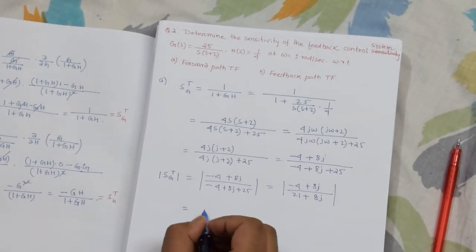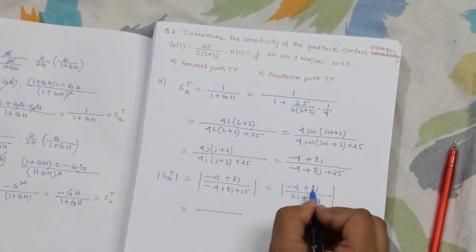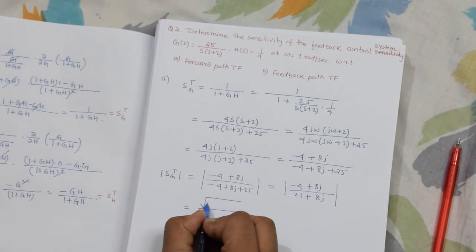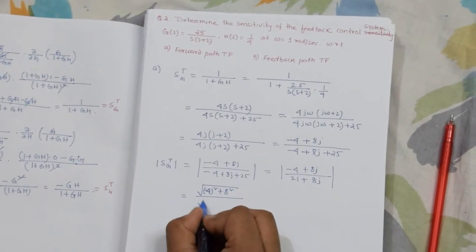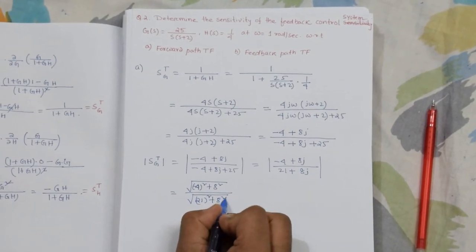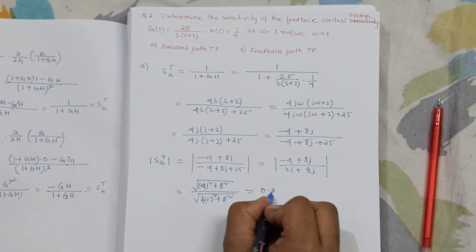It is a plus jb, a plus jb, so we know that the formula is root of a square plus b square. Here also a square plus b square. So it will come 0.39.